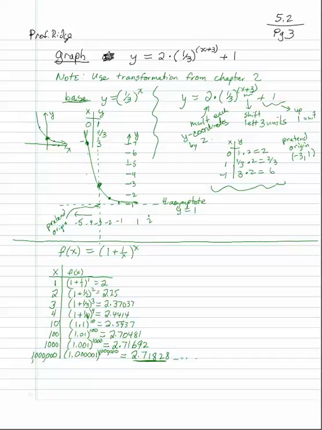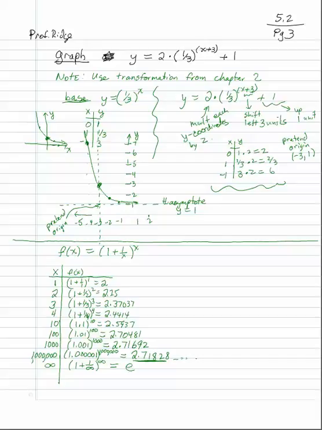If we could go to infinity, which we can't, but if we could, 1 plus 1 over infinity raised to the infinity power is actually going to equal e. We call this the limit. We'll talk about that when you go to calculus. So as you take the limit of this expression as x goes to infinity, you get this 2.718.